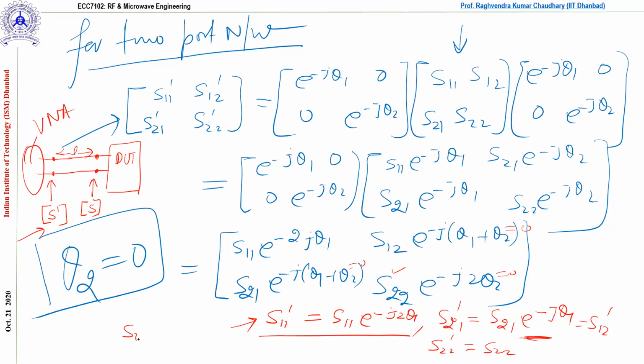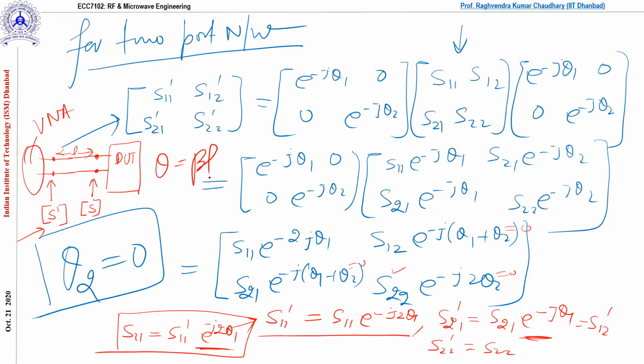You require S11. So what will you do? S11 dash e to the power j 2 theta 1. That's all. You need to multiply with e to the power j 2 theta 1. And what is this theta? Theta is beta L, the electrical length.